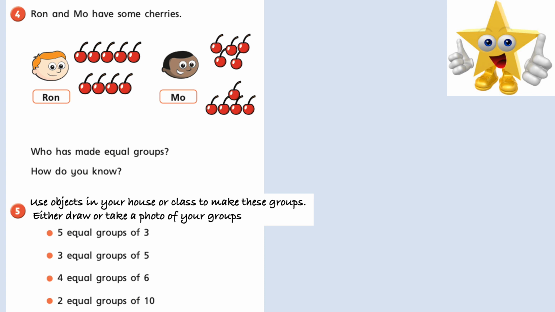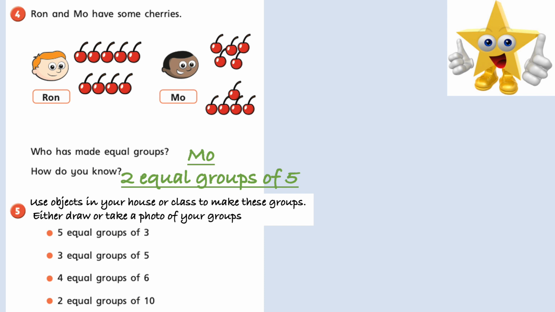Mo has got 1, 2, 3, 4, 5 and 1, 2, 3, 4, 5. He's got 2 groups of 5. So who has made equal groups? Mo has made equal groups. How do I know? Because he has got 2 equal groups of 5. And Ron hasn't got the same in his group, has he?